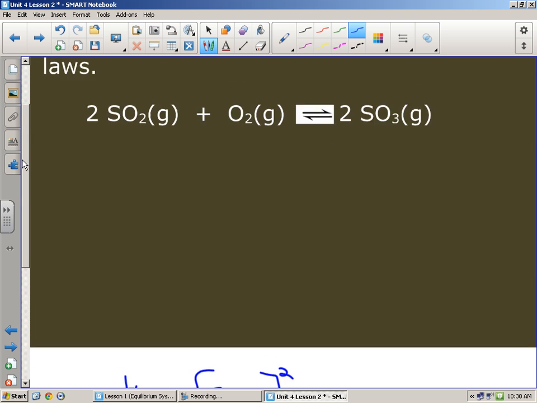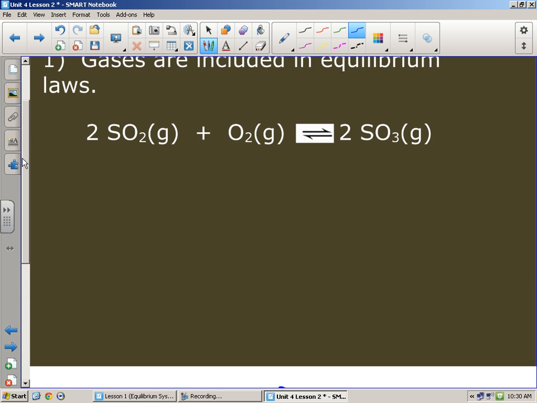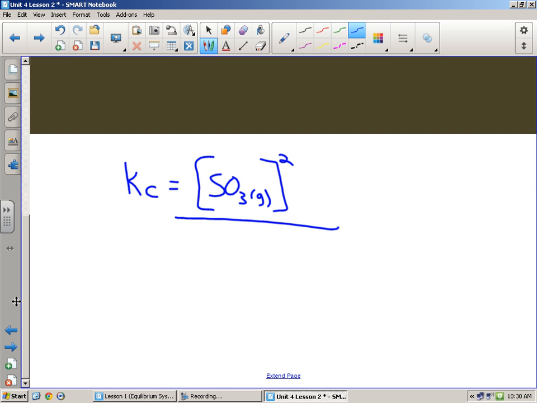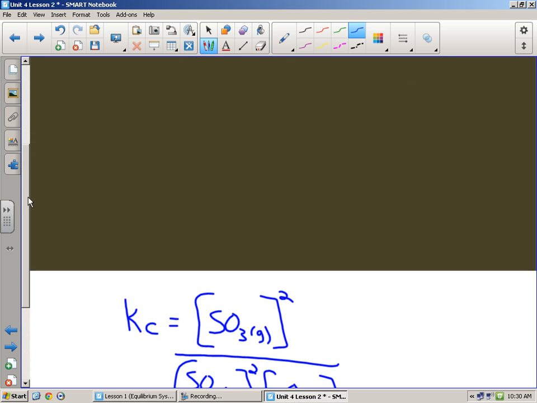The 2, of course, was the coefficient to balance that 2SO3. And we have SO2 here. Once again, a 2. And some O2 gas here, like so. That would be my equilibrium law for this particular equilibrium balanced chemical equation based on this right here.